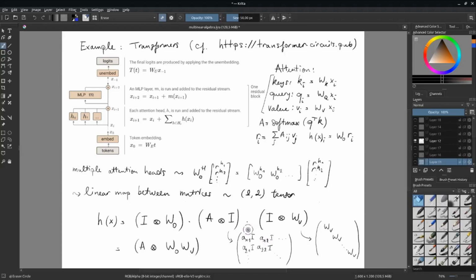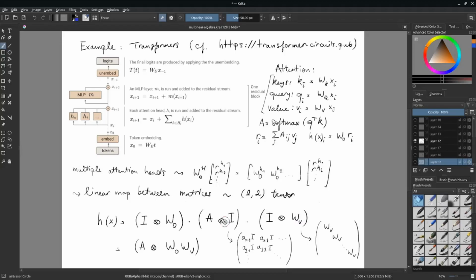That's my second operation, and then I compose it again with just the tensor product of I times my output matrix. Notice that whenever I take the tensor product of the identity matrix with some matrix, that's almost like a linear algebraic representation of running some things in parallel.